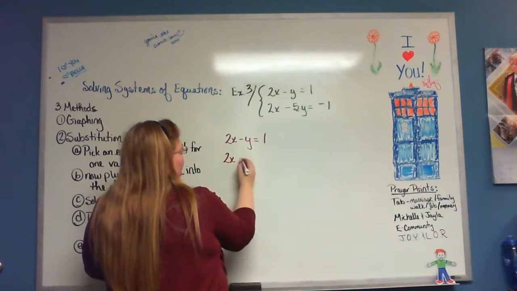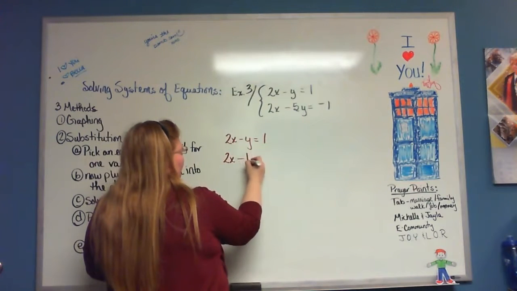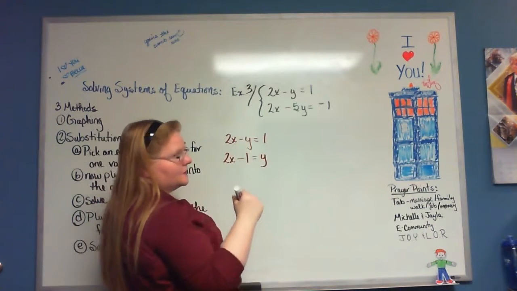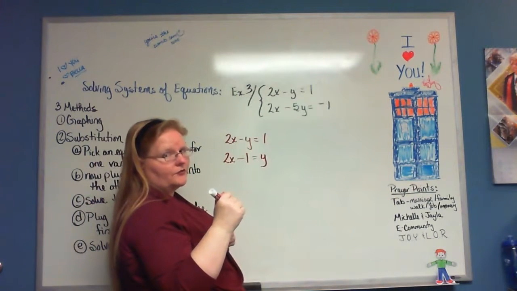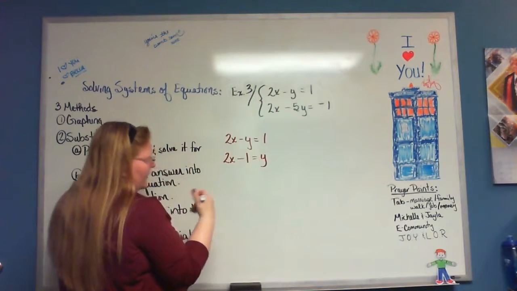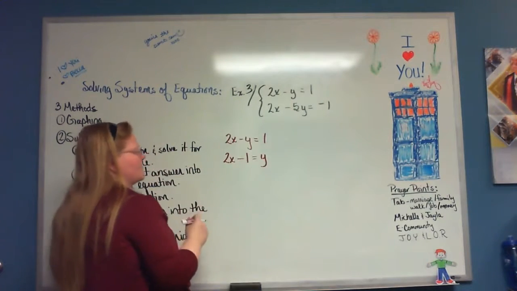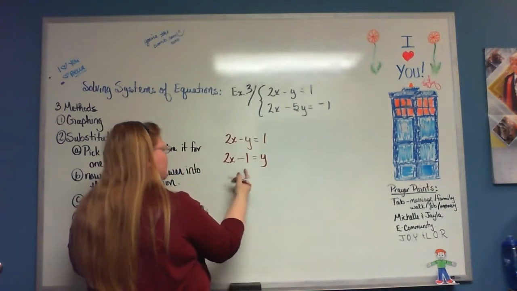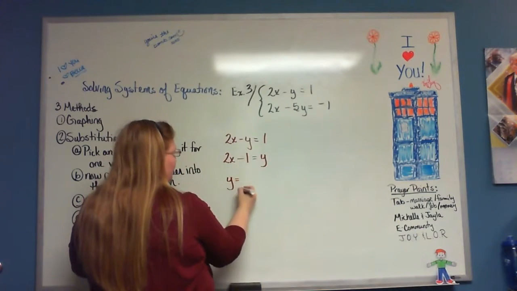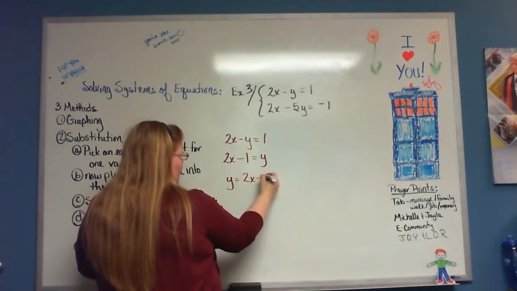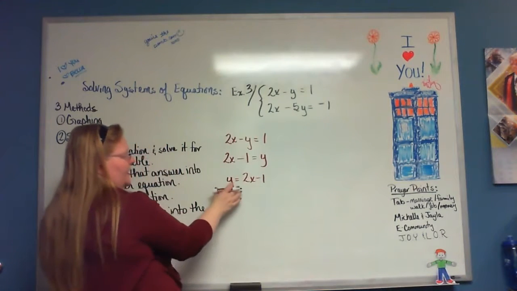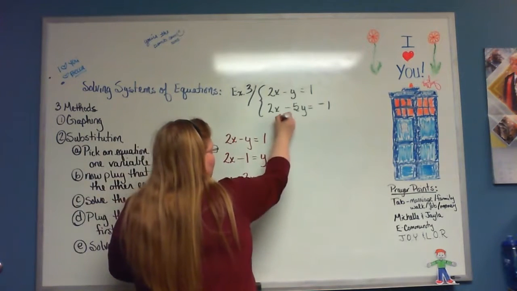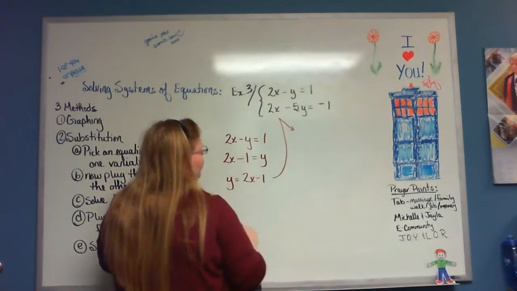So that gives me 2x minus 1 equals a positive y. See what I did there? That was good, right? Didn't show my work. That's how you move through things. So now that I have this, or if it makes you feel better, y equals 2x minus 1, I can take it because I have the y by itself, and I can bring it up to this one and rewrite it.